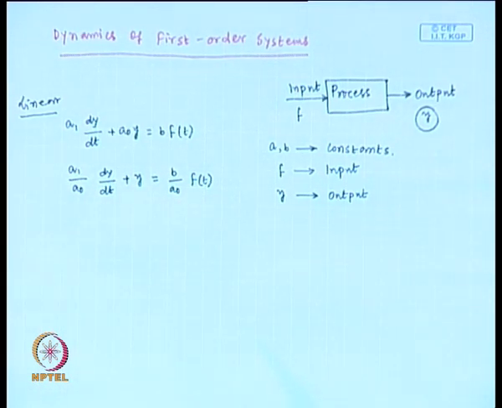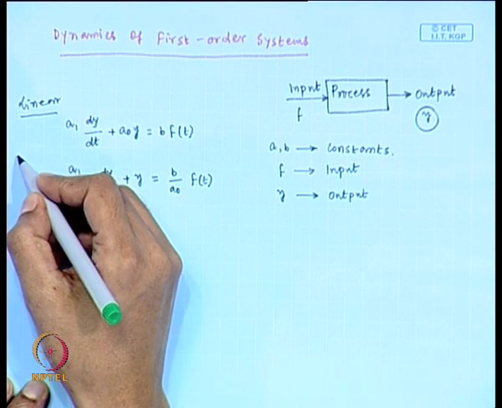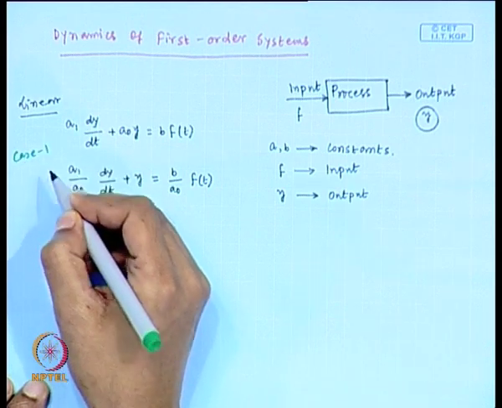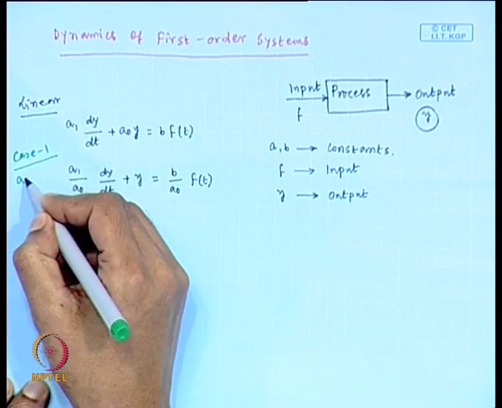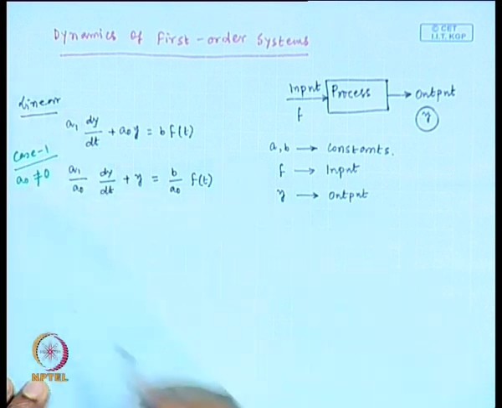In one case a 1 equal to 0 and in another case a 1 not equal to 0. So, in case 1 we will consider a 1 not equal to 0. First we will discuss a 1 not equal to 0, then in the next case we will consider a 1 equal to 0.